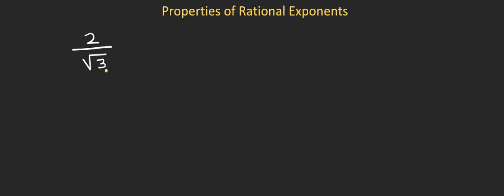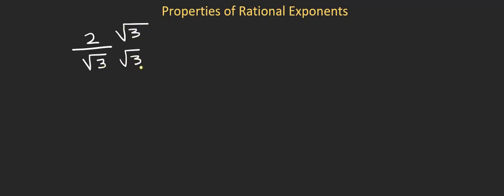How do you simplify 2 over radical 3? In other words, how can we get rid of the radical on the bottom here? In order to get rid of it, you need to multiply by another radical 3 on the bottom. Whatever you multiply on the bottom, you have to do the same thing to the top to make it equivalent.